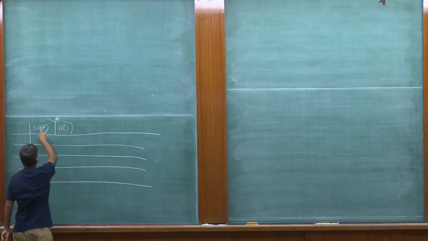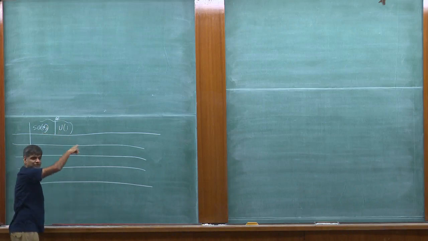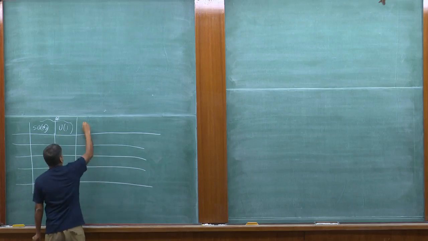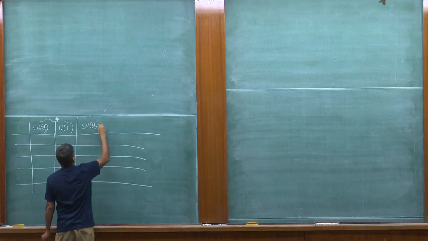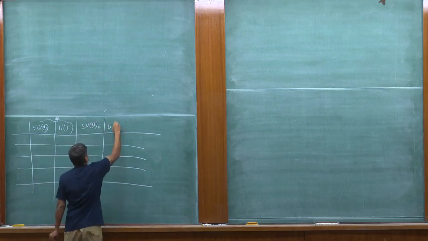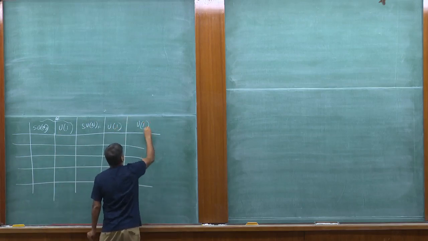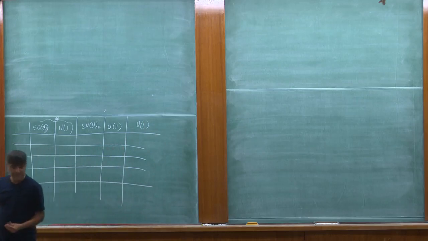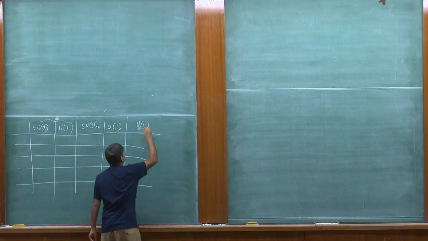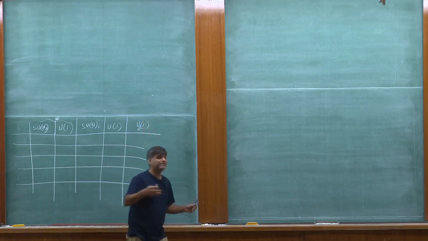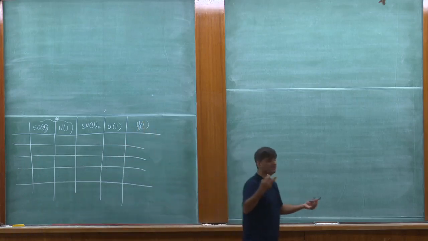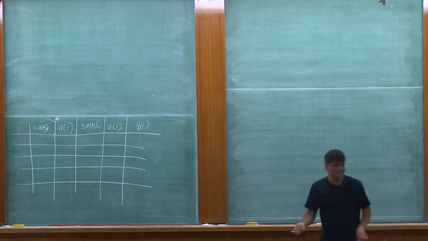These were the SU(NF) and the U(1) charges associated with Q. Then we had the SU(NF) and U(1) charges associated with Q tilde. And then finally there was this U(1), let's call it R prime charge, the R symmetry that's going to turn out to be anomalous.